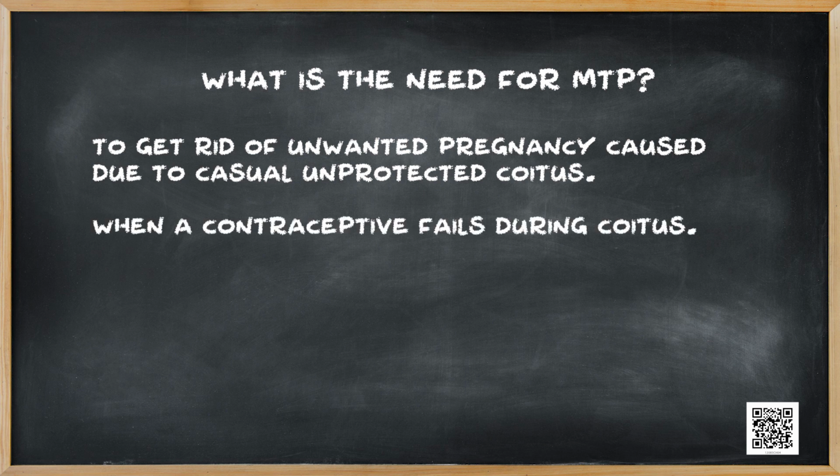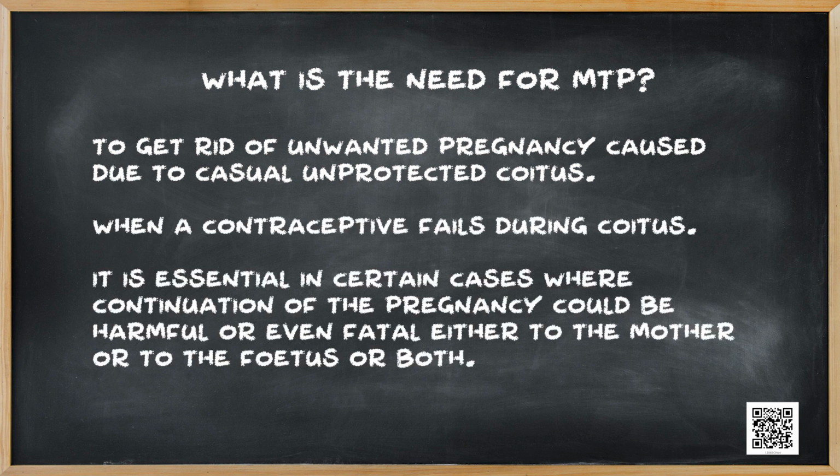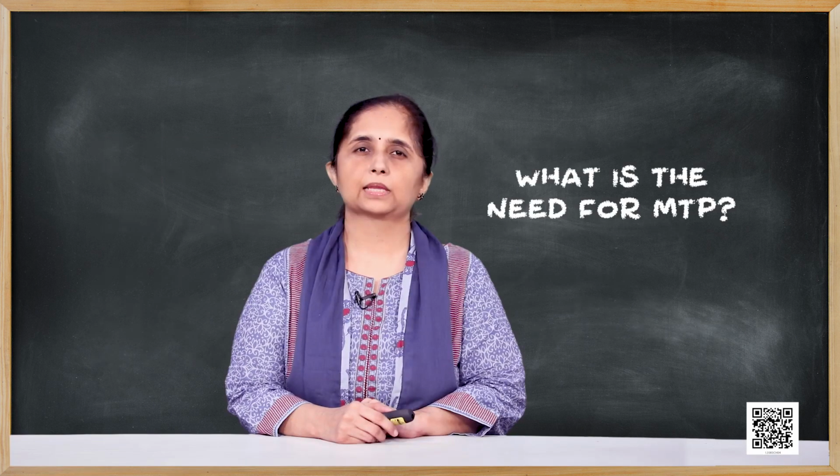Second, when a contraceptive fails during coitus. And third, it is essential in certain cases where continuation of the pregnancy would be harmful or even fatal, either to the mother or to the fetus, or even both.